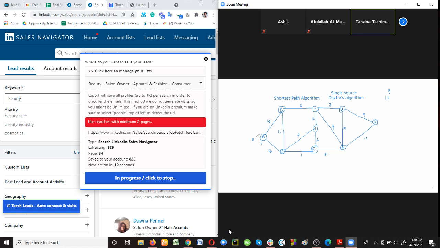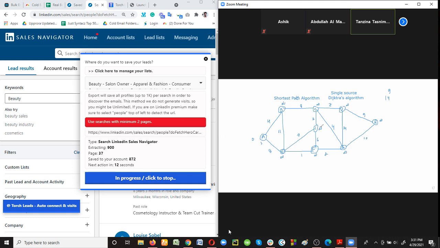For the source node, the distance will be 0, and for the other nodes, the distance will be infinite. That is, we don't know what the distance between A and B is. That's why we are assigning infinity here. For all these vertices, the distance will be infinity. That is the first step of Dijkstra's algorithm.